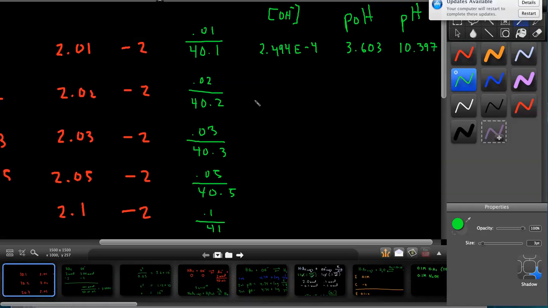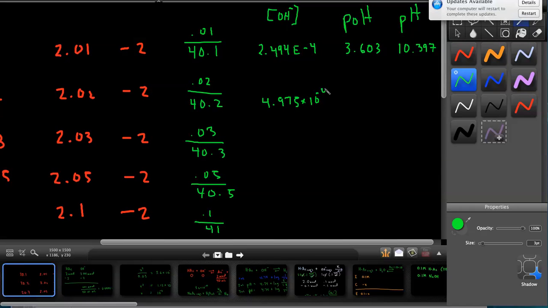Okay, now with the second point. 0.02 divided by 40.2 is 4.975 times 10 to the minus 4. pOH is 3.303. pH is 10.697.